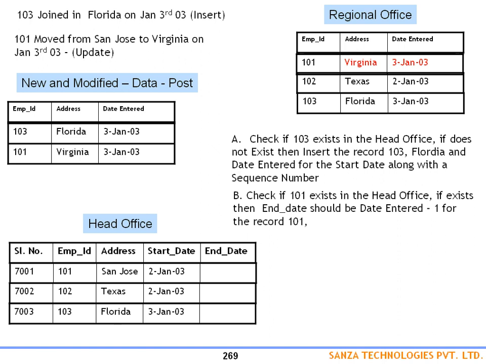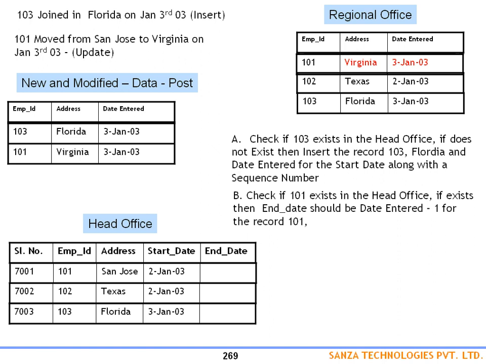What you do if the employee moves to Virginia on January 3rd, 2003 and the employee's old address is there in the head office? The previous record, you go and update it. The end date, how do you update it? Date entered minus 1. 3rd January minus 1 is 2nd January 2003.